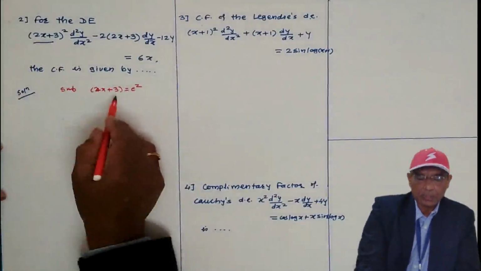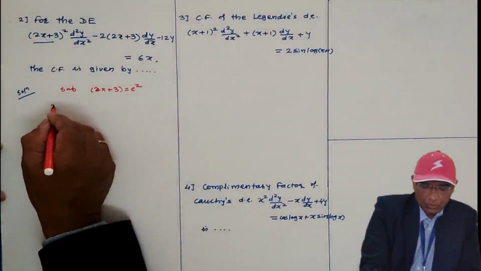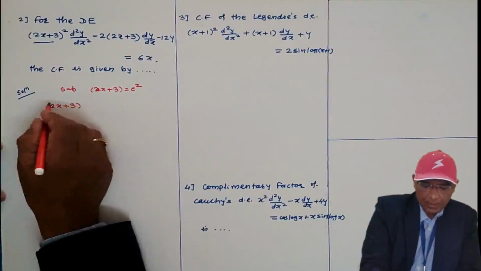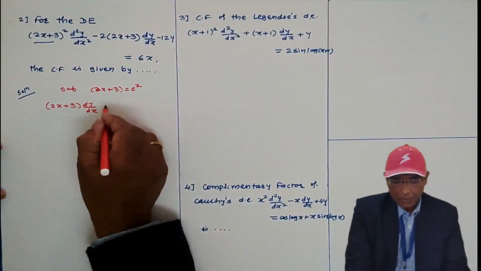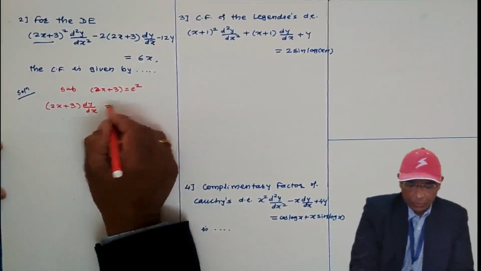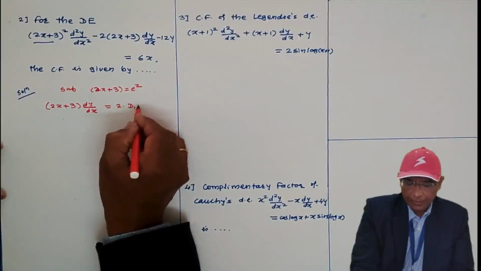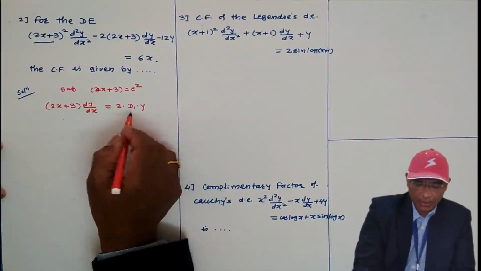Consequently (2x plus 3) dy by dx, that is (ax plus b) dy by dx, is replaced by 2 multiplied by D1 y, where D1 is the derivative with respect to z.